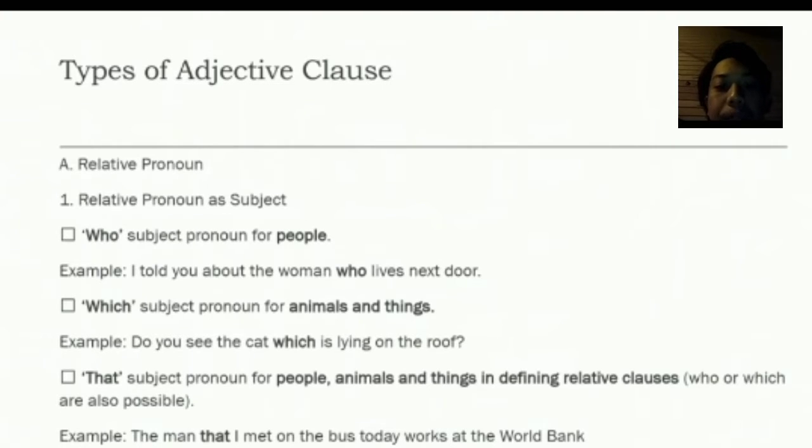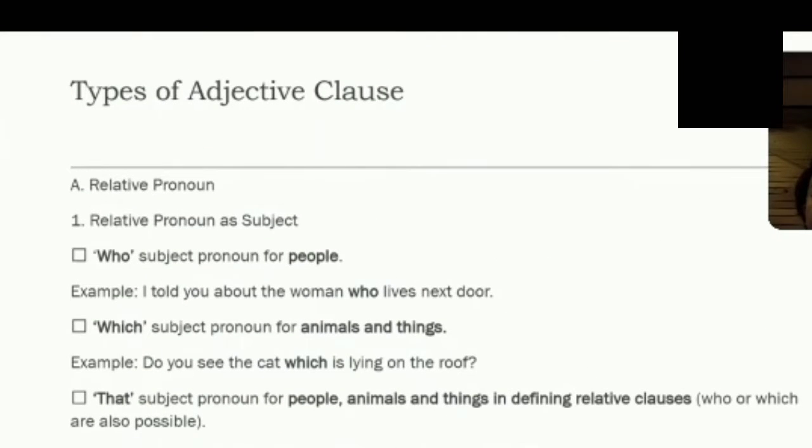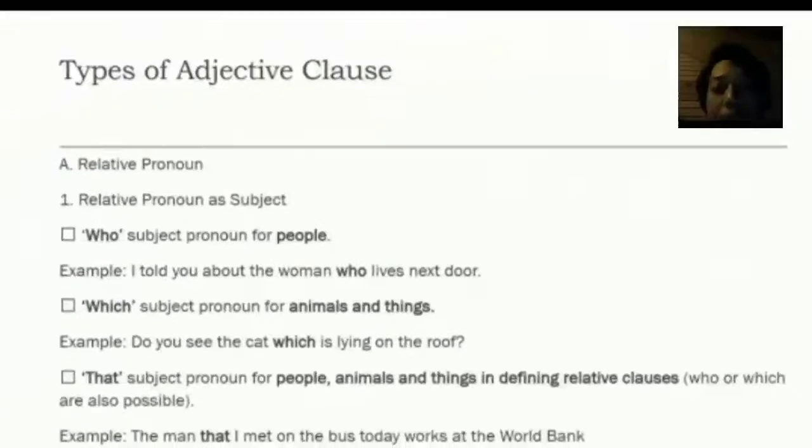Example: do you see that cat which is lying on the roof? That, subject pronoun for people, animals, and things in defining relative clause. Who or which are also possible. Example: the man that I met on the bus today worked at the World Bank.